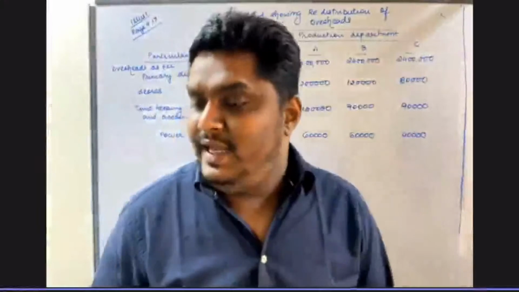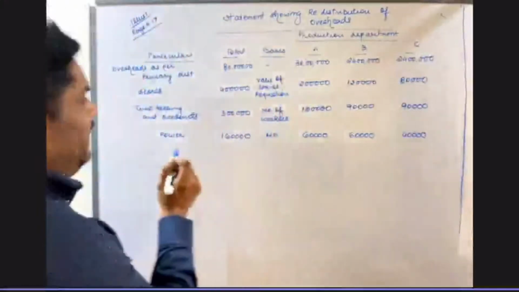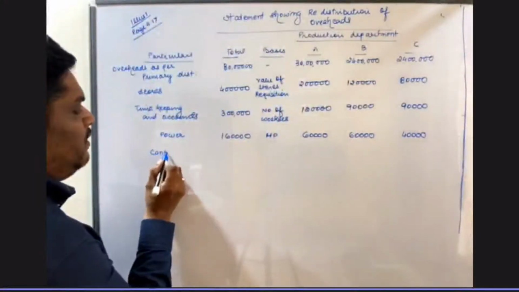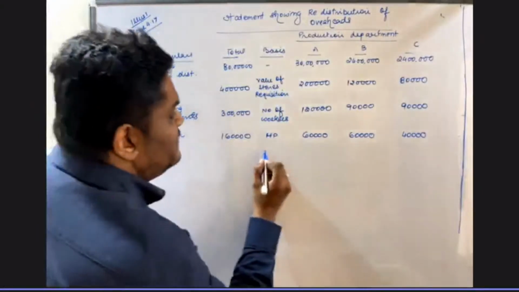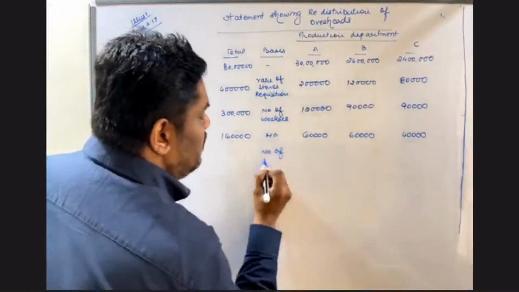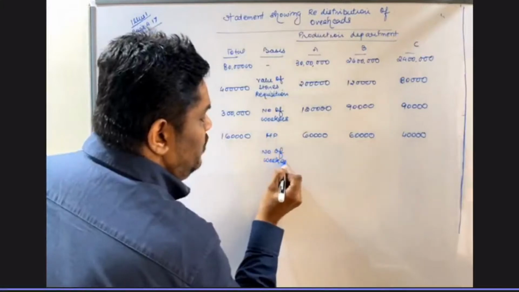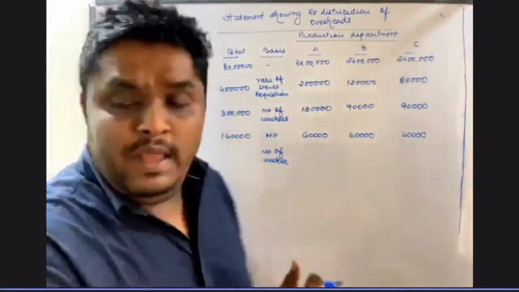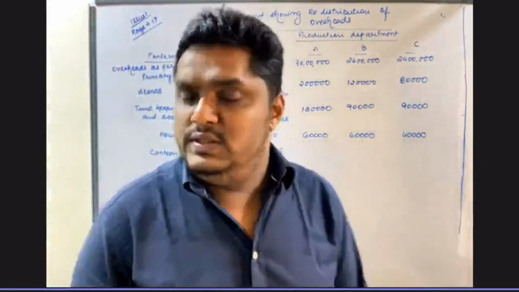And then last is canteen. Again, the canteen cost will be distributed on the basis of number of workers. This is the most appropriate basis of distribution. And the total cost of the canteen is 1 lakh.